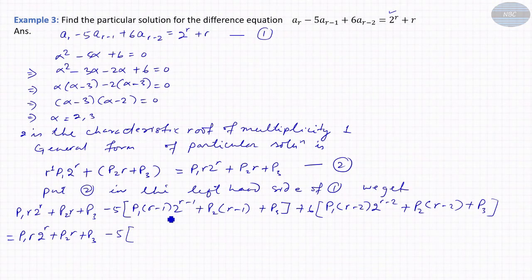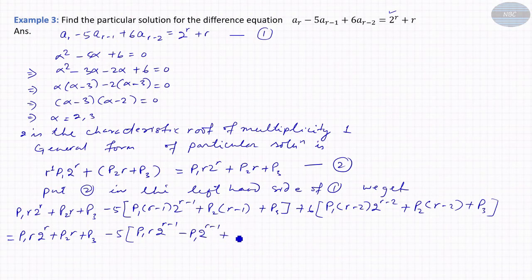Let us simplify this one. So this one will be p1 r into 2 to the power r minus 1 minus p1 into 2 to the power r minus 1.